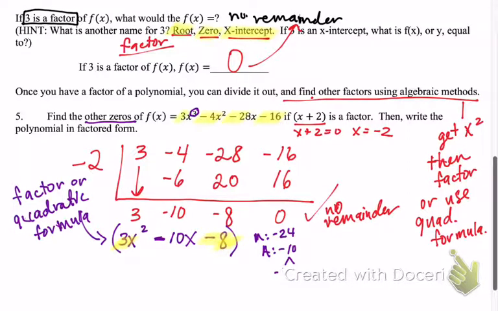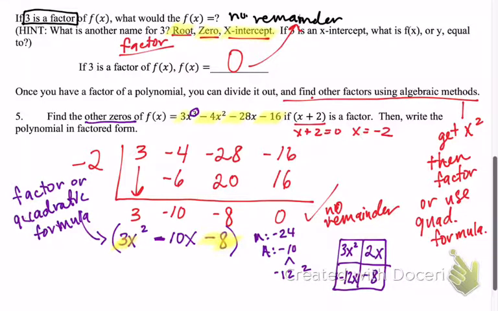I could use negative 12 and a positive 2. That works better. So I'm going to use the box method because that's easier for me. I'm going to put my 3x squared in the top, minus 8, minus 12x, and a positive 2x.